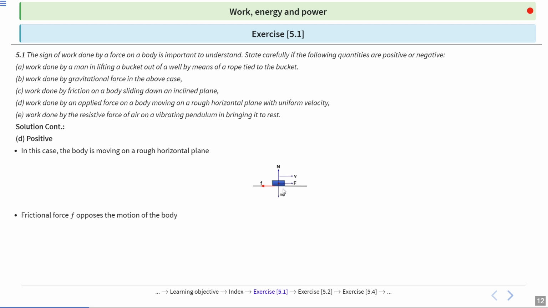So frictional force F opposes the motion of the body. Yes or no? Because the applied force is in the forward direction and friction will act in the opposite direction, it means backward. Therefore, in order to maintain a uniform velocity, a uniform force F must be applied to the body.